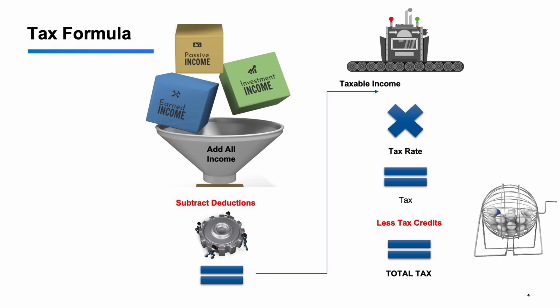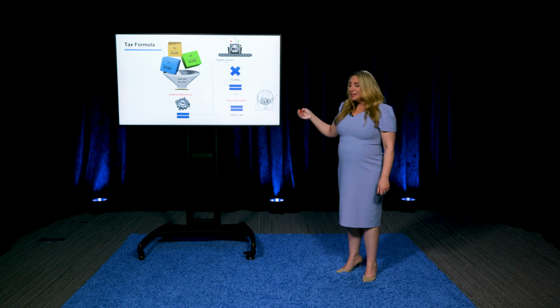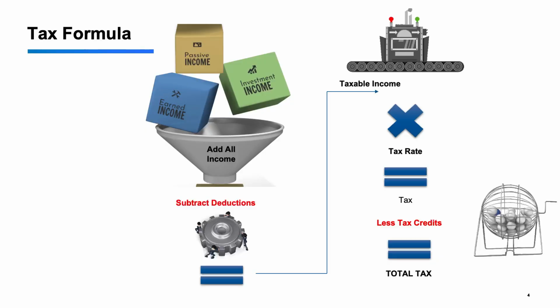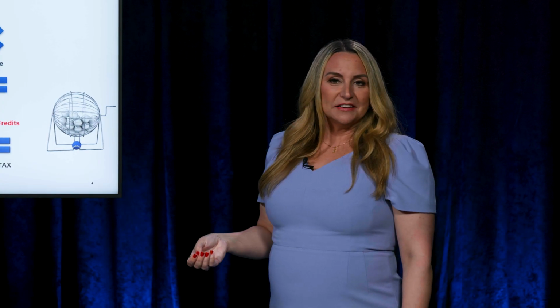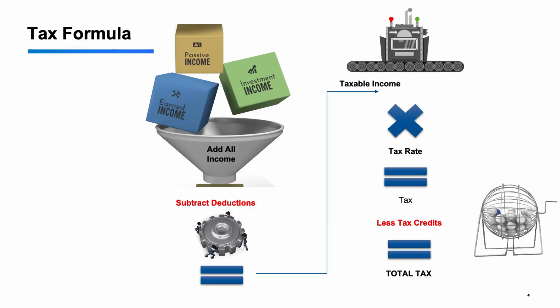We start by adding up all income. Now, there's different categories of income, and keep in mind, even illegal income is considered taxable. The IRS really doesn't judge you, they just want their fair share. Then you begin subtracting, and we have all kinds of legal tax deductions that we're allowed to subtract so that we can calculate our taxable income. Now, there's really not a lot of magic here.